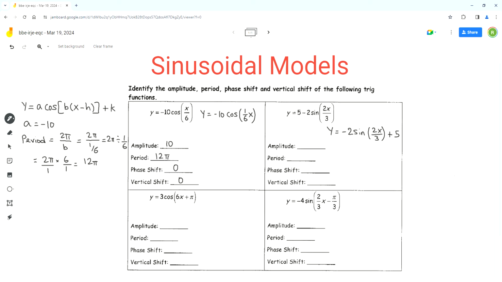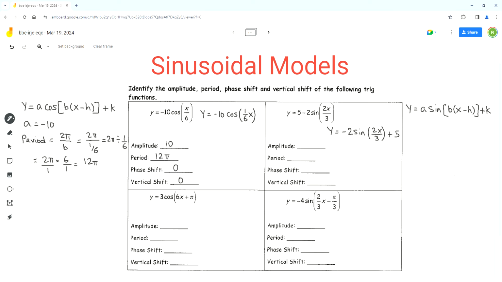Now we can write the general equation of a transformed sine function, which is y equals a sine and then brackets and then b parentheses x minus h and then plus k.